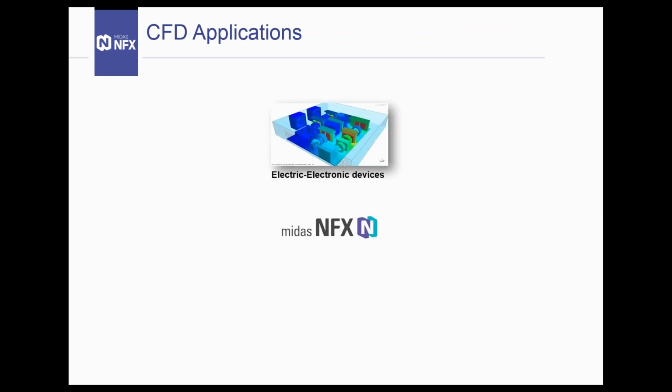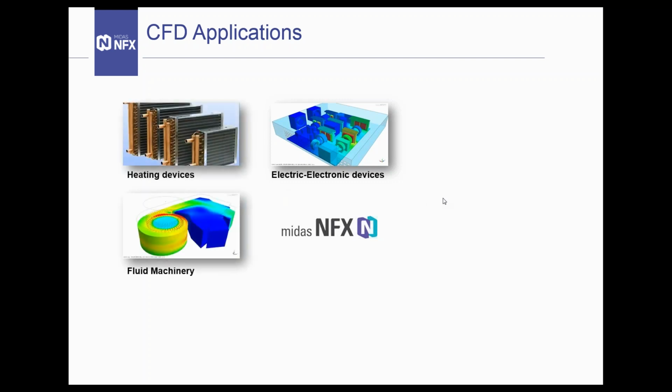So let's talk a bit about the different kinds of industries in which CFD is used, because it's very important to know the different branches, so you know exactly where all the knowledge we'll talk about today is applied in the industry. In electronic devices, you find a lot of CFD applications.